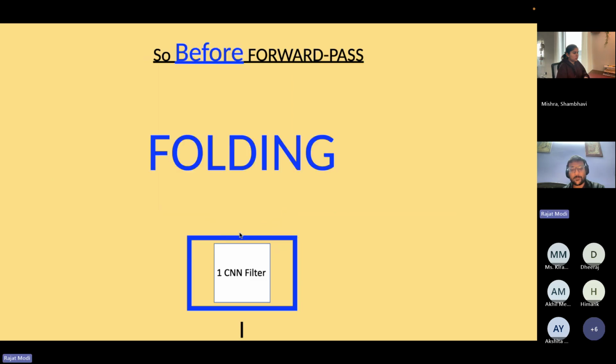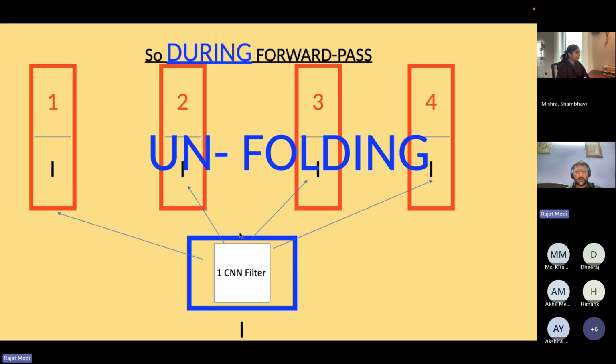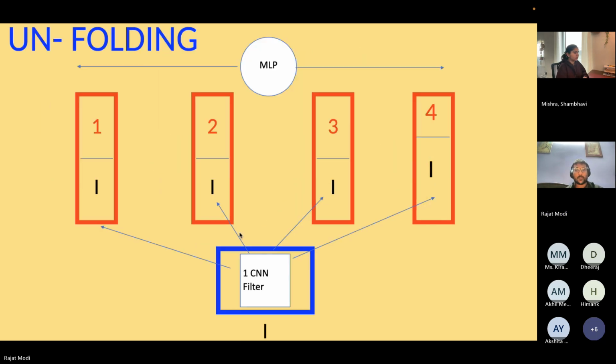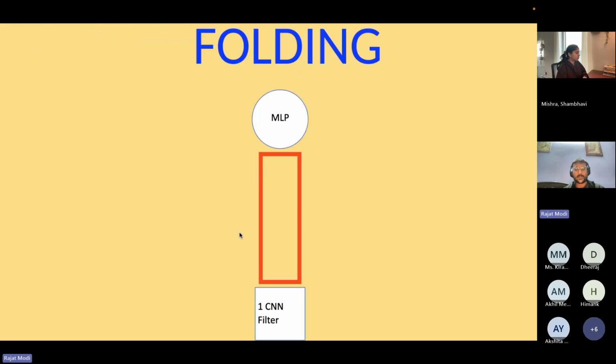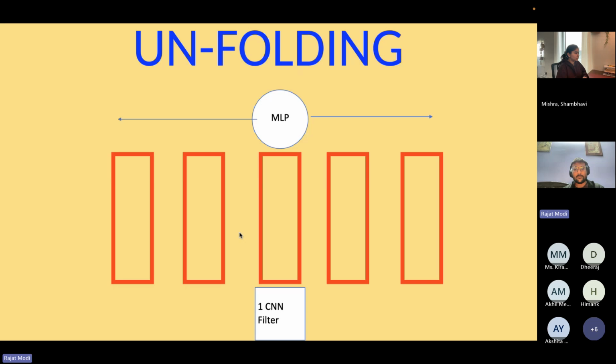This process is folding, because right now there is no query existing. So the entire network is in a folded state. Then during the forward pass, it opens up to give you these queries, which is known as unfolding. Then you run an MLP on top of it, and it will give you the features. So the forward pass looks like folded, unfolded, folded, unfolded, and every time the network is predicting RGB.